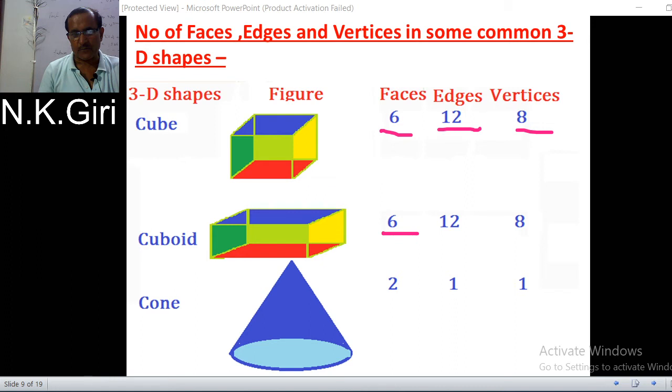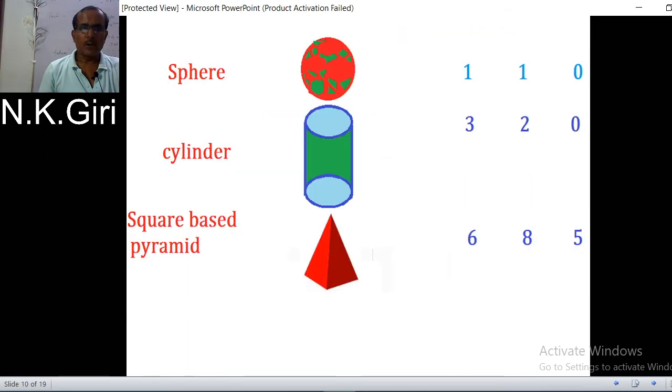Now a cone has 2 faces. First is this and second is this. That is one edge and one corner, it means vertex.